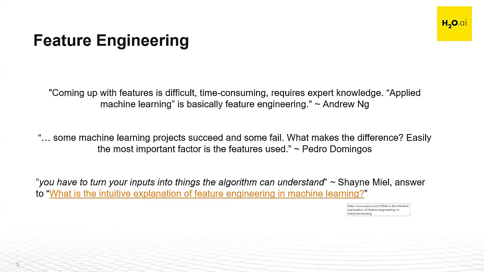You need to find a numerical representation that contains the information, in order to be able to apply machine learning and different tasks. It's very important to find a representation that the algorithms can understand.